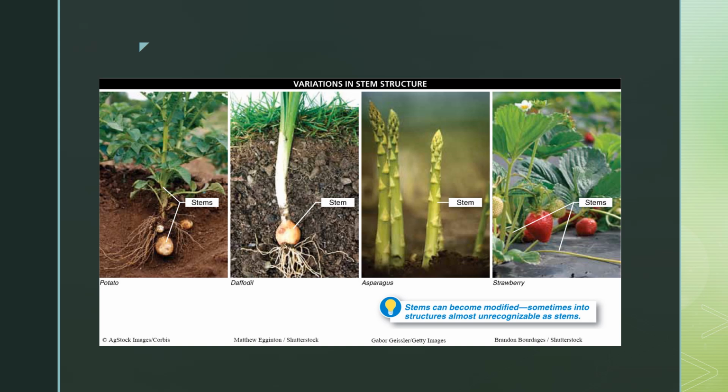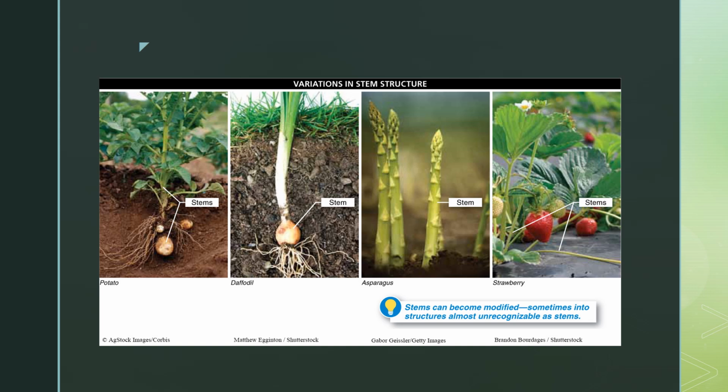As you see, there are many shapes of stems. This one is under the ground, and this one is also under the ground, but it's also a stem. And this one has scale leaves, and it has a green color, and it has a cylindrical shape.